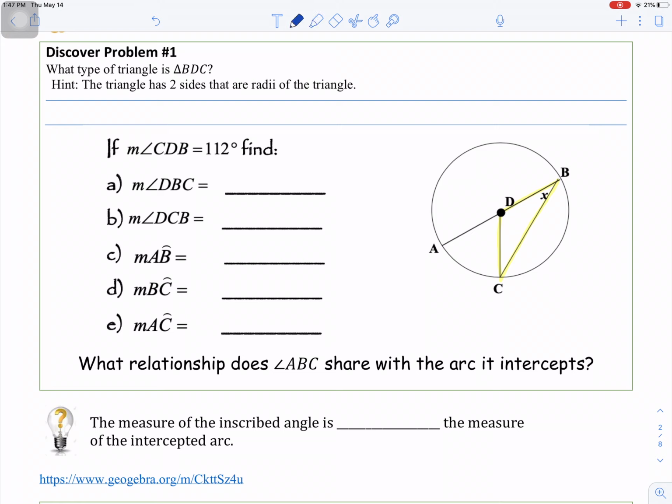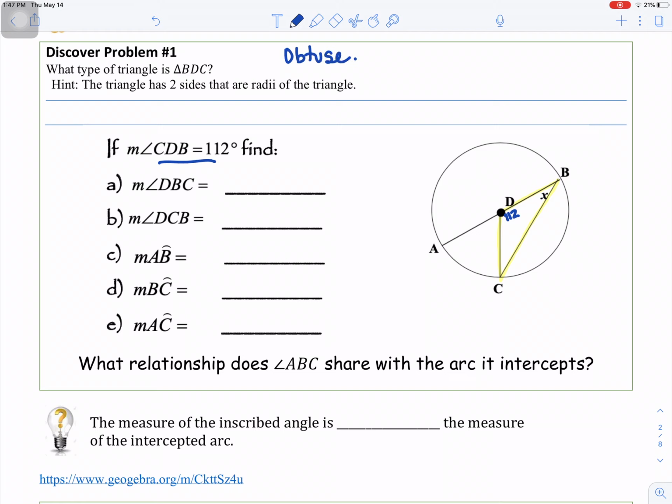Actually, CDB is 112 if you look right here, so that is true. It is obtuse.